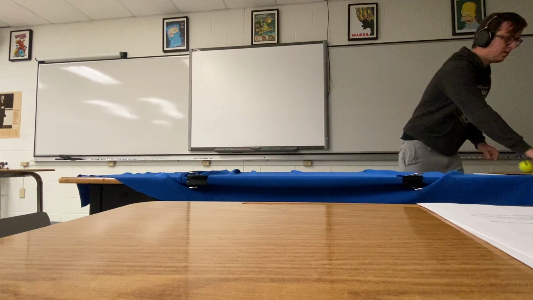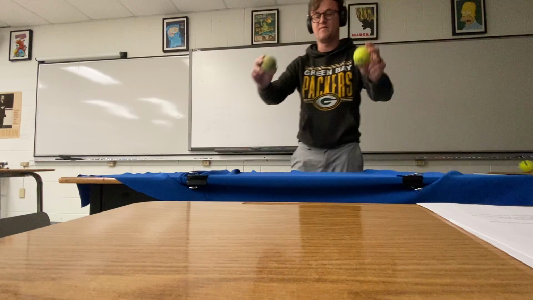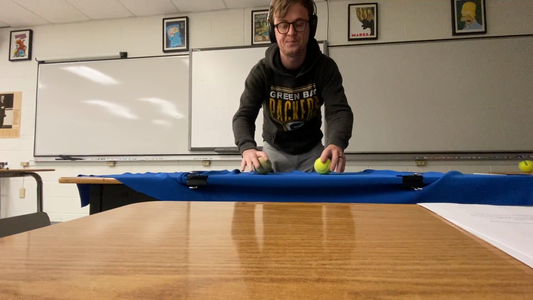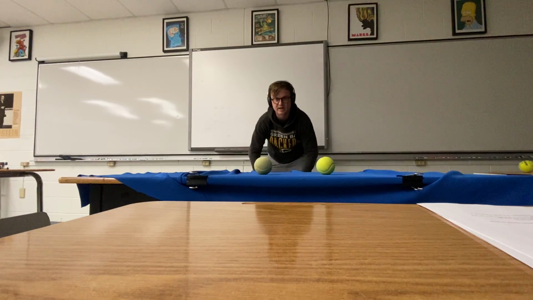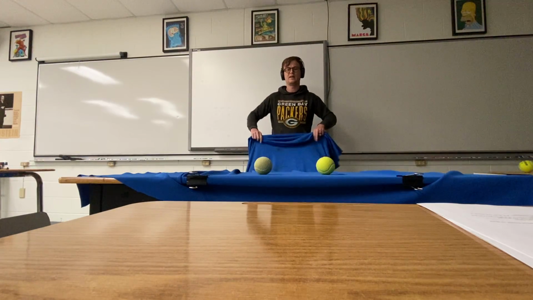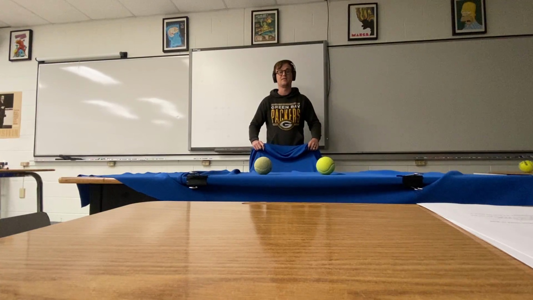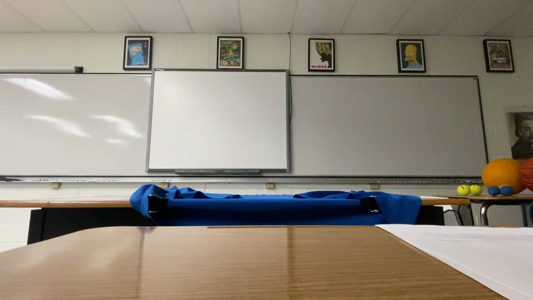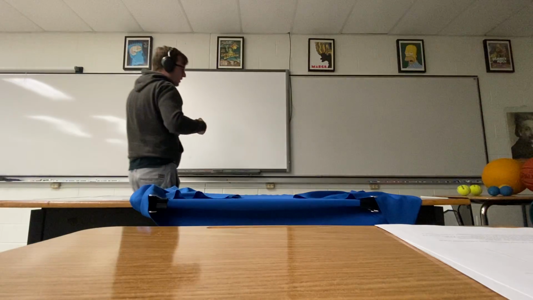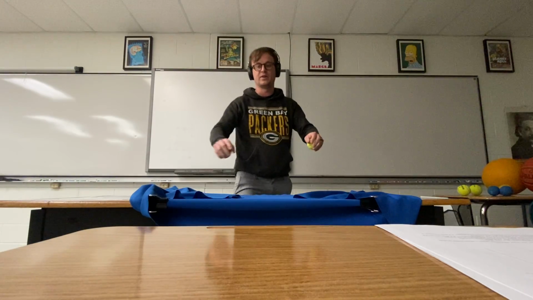To model electrons, I have electrons inside my metal plate here, and these are going to be my tennis balls. Let's see what happens if I have a high intensity. If I have a high intensity, you can see how those electrons fly off with a big speed, very quickly.